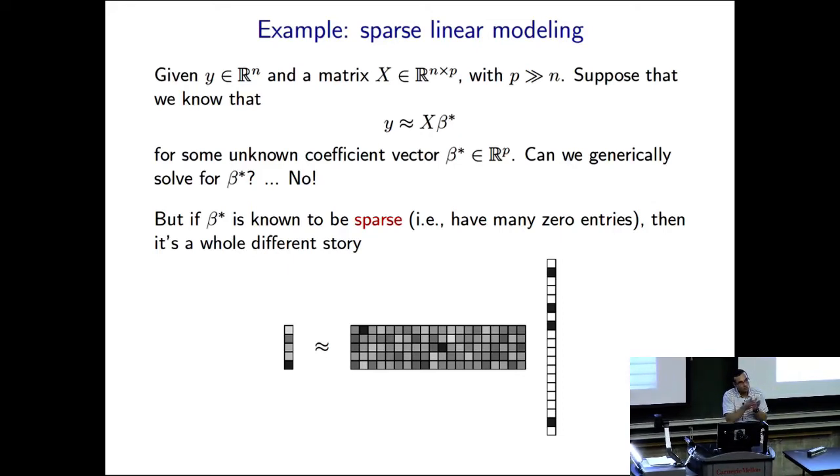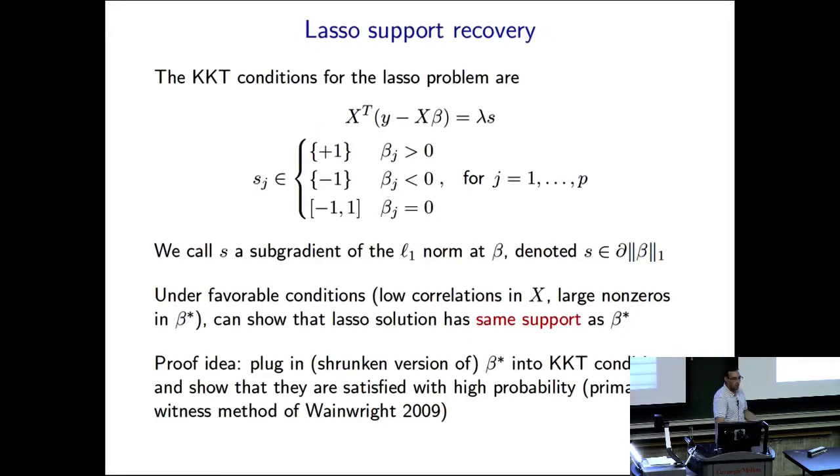So it's not non-zero but really close to 0. It's actually separated from 0. Those are favorable problem conditions. You can actually show that the lasso solution has exactly the same support as beta star with high probability.